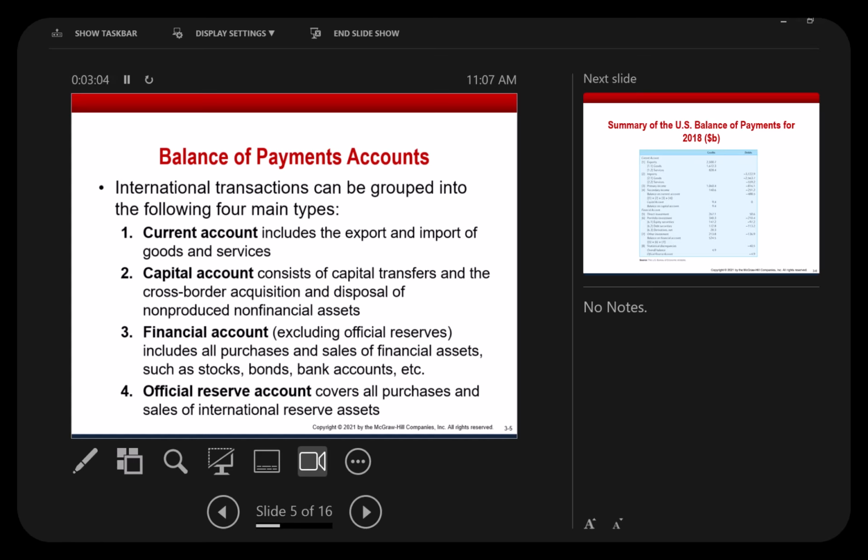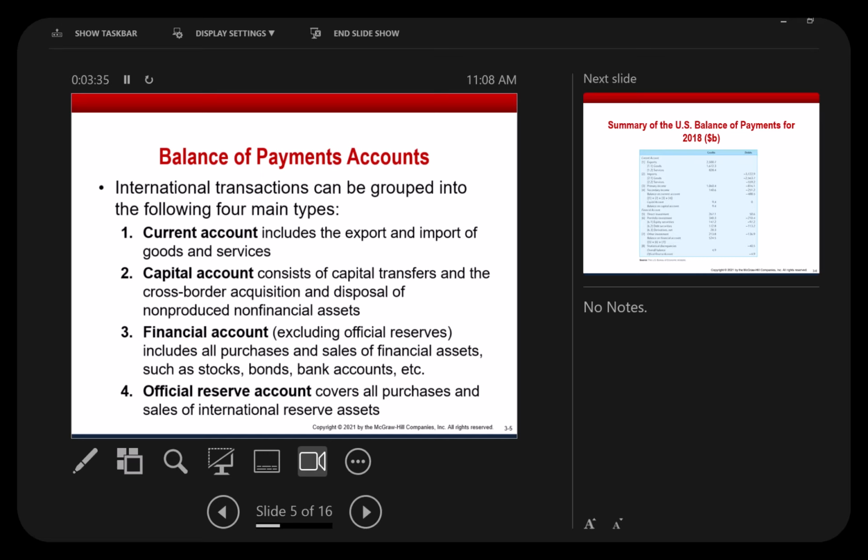If your country has more imports of goods and services than exports, you're going to have a current account deficit. If it is less, you're going to have a current account surplus. For example, the US, probably for the last 40, 50 years, has had chronic current account deficits, but capital account tells you how it is financed. Where is that money coming from?